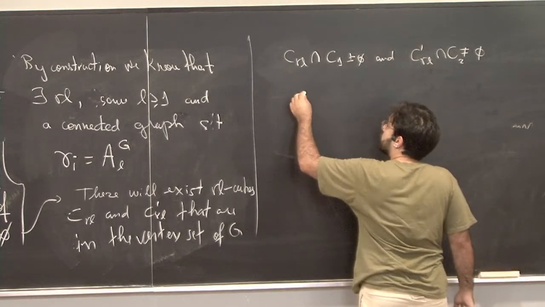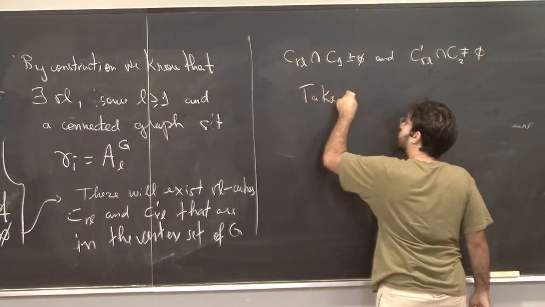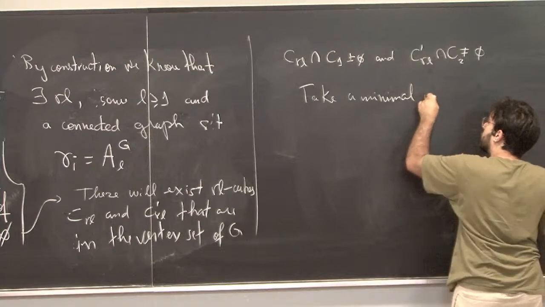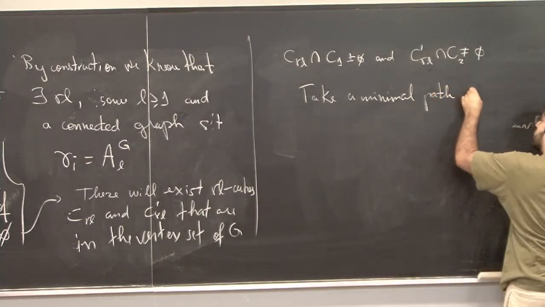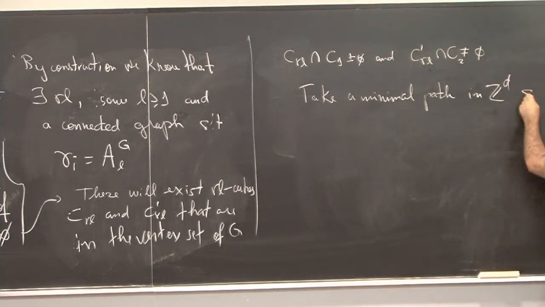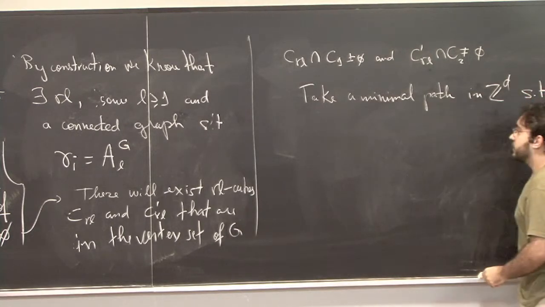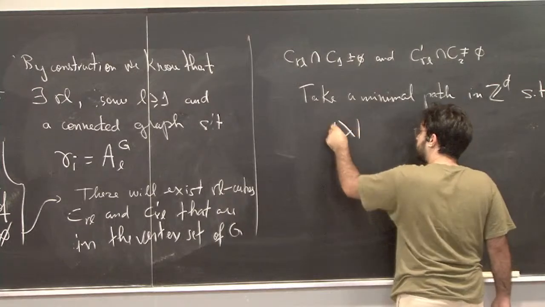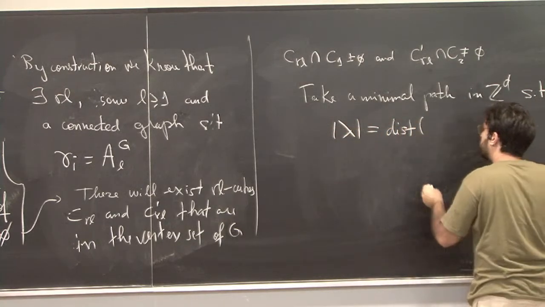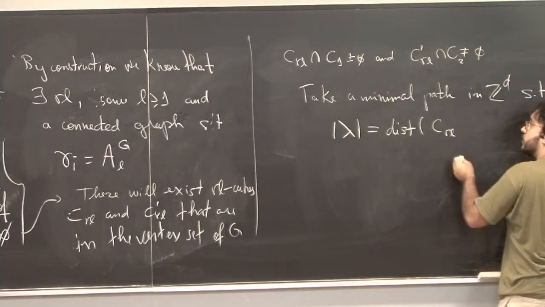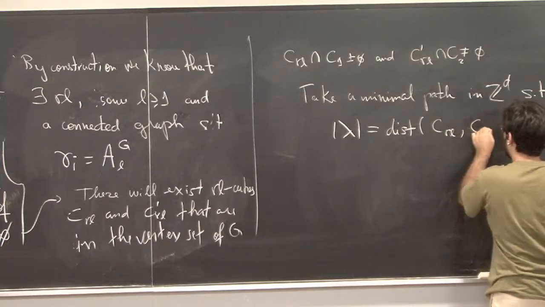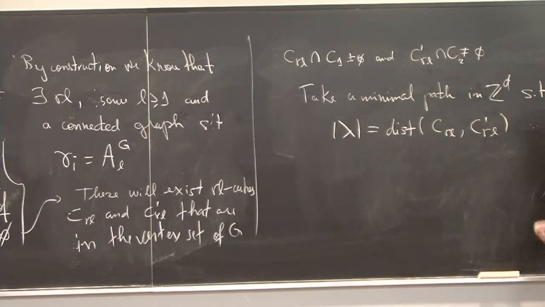Take a minimal path in Z^d such that the size of this path is exactly the distance of these two cubes, CRL and CRL prime.